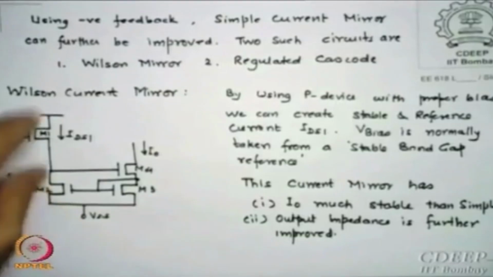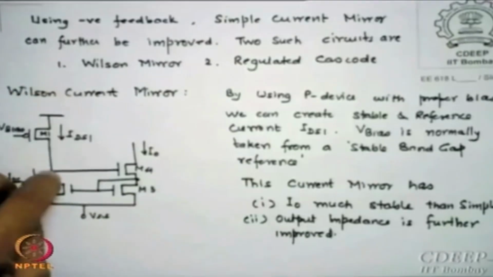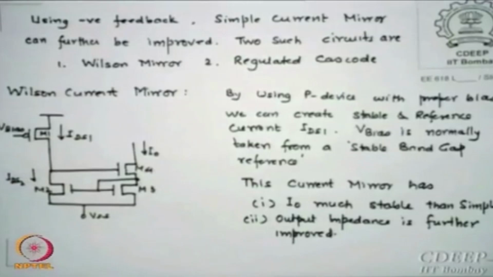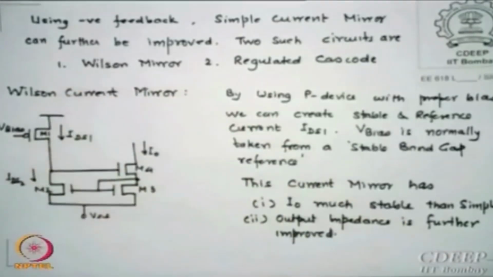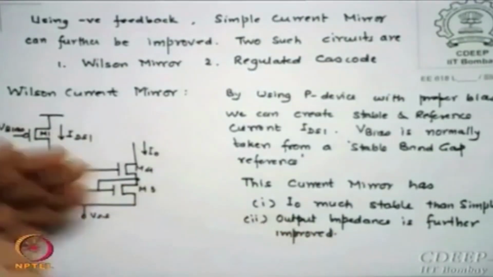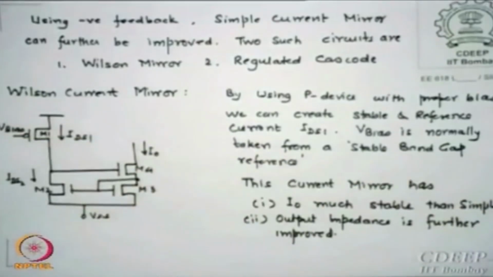If this current increases and this is constant, this voltage must go down, because you are pushing on the top and now you are asking it to increase. So this voltage must go down. If this voltage goes down, VGS4 goes down. So I0 reduces. If it goes too low, the opposite will occur, this will push till both sides match.